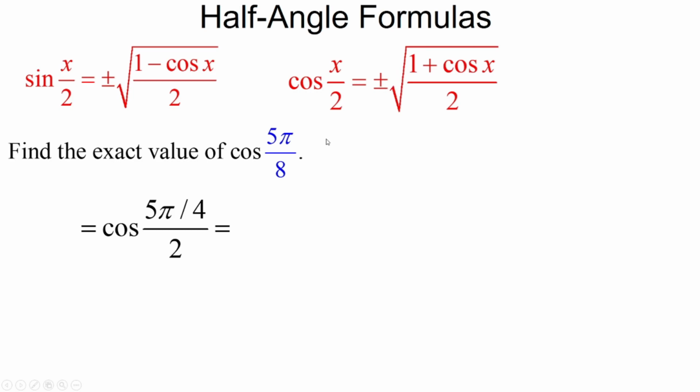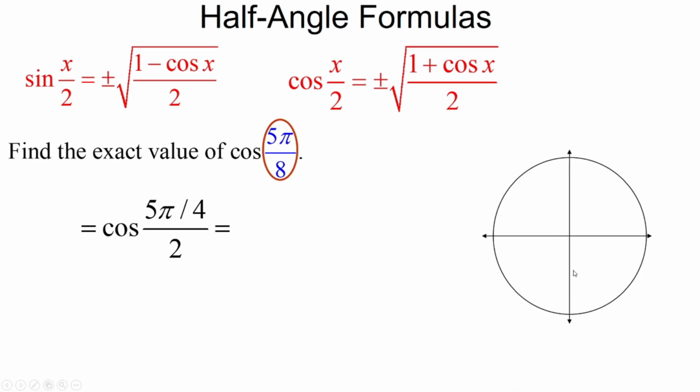All right, so you've got to picture 5 pi over 8 on Leilani's unit circle here. All right, and let me see. Well, 4 pi over 8 would be pi over 2, so isn't 5 pi over 8 going to be slightly into quadrant 2 right there? Oh, I like it. All right, and isn't cosine negative in quadrant 2?